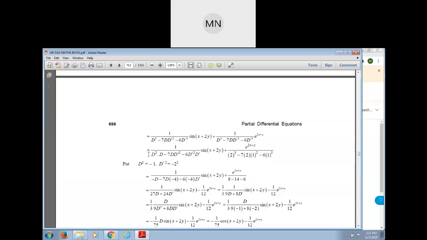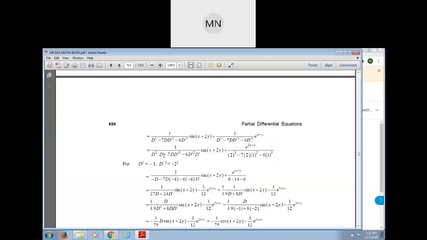Because we have to put the value only for D square, D dash square and D dash. So in this step we just write D cube in terms of D square, so we write D cube as D square into D. Okay, is it clear?